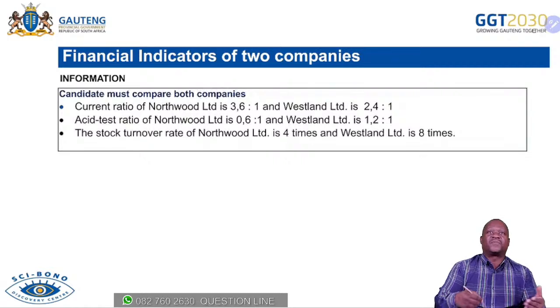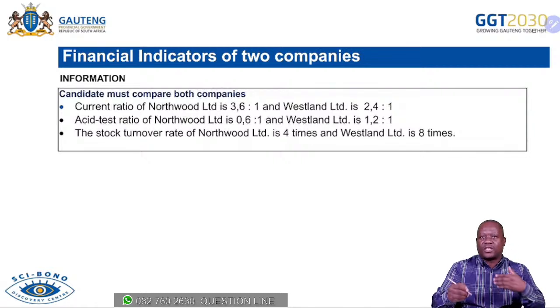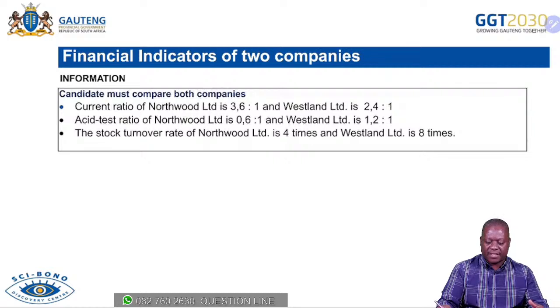For Northwood, it's 4 times. And for Westland Limited is 8 times. The faster we turn over our stock, the better we are as a business. So what is it saying? It is saying Westland Limited is turning over its stock faster than Northwood Limited.